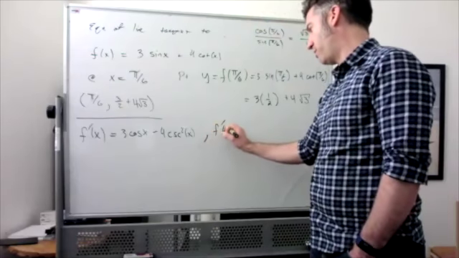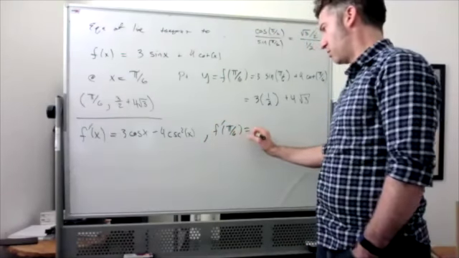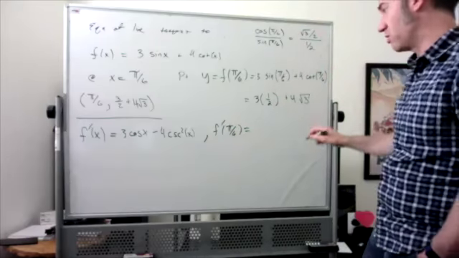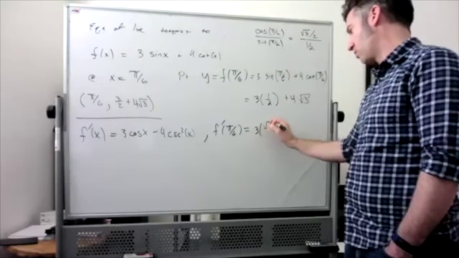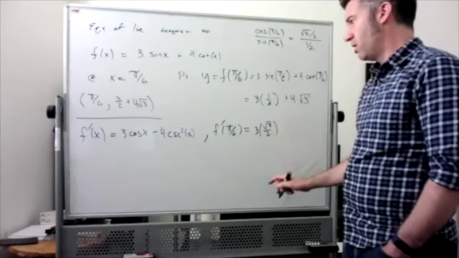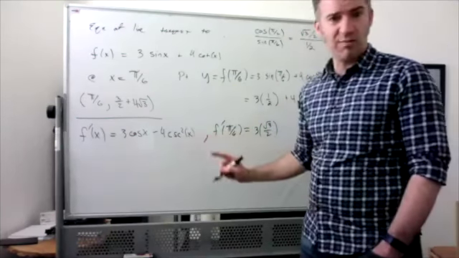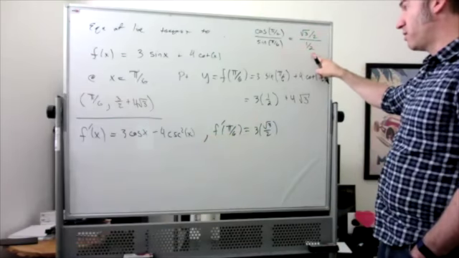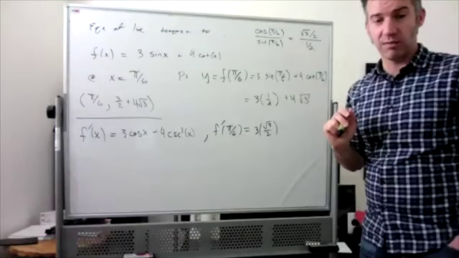So f prime of pi over 6 is going to be, so let's see, I already know that cosine of pi over 6 is root 3 over 2. So it's going to be 3 times root 3 over 2. And then cosecant of pi over 6. Well, sine of pi over 6 is 1/2. So what's cosecant of pi over 6 going to be?